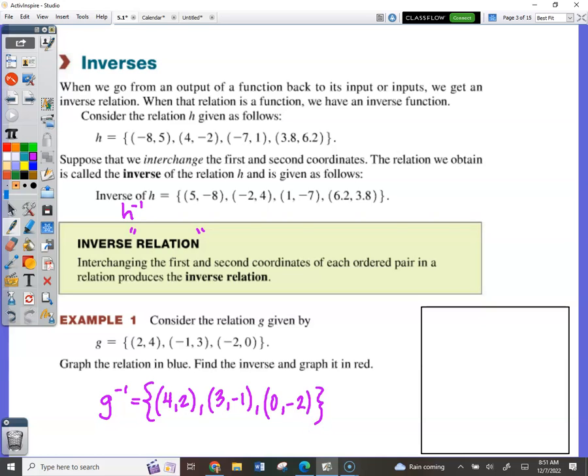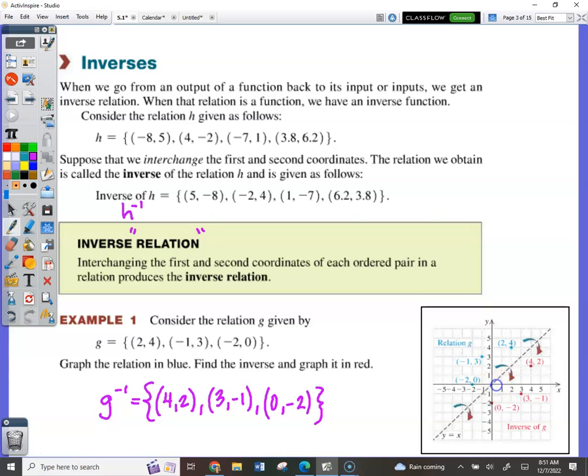What does it look like graphically? I copied this for you so you didn't have to copy it down. Graphically, the original set is right here in blue. And then the red set is the inverse set. What do you notice about the spatial relationship?